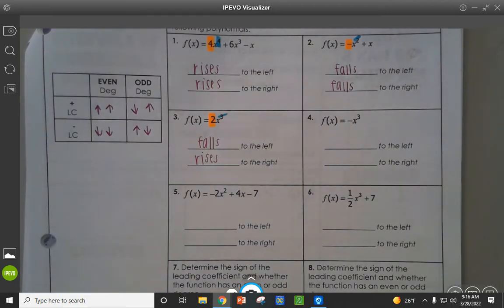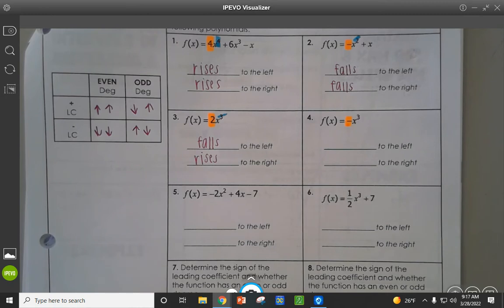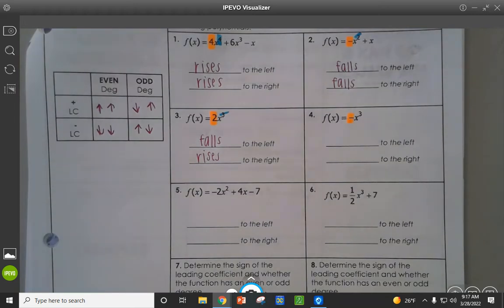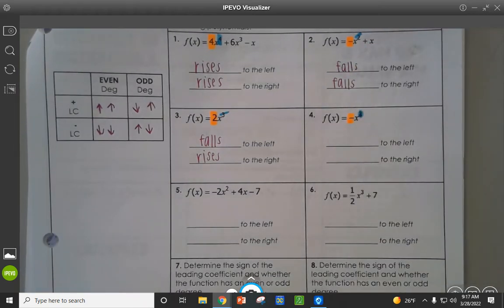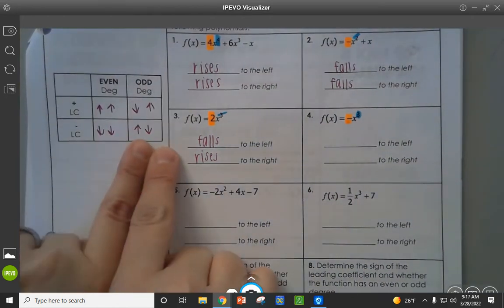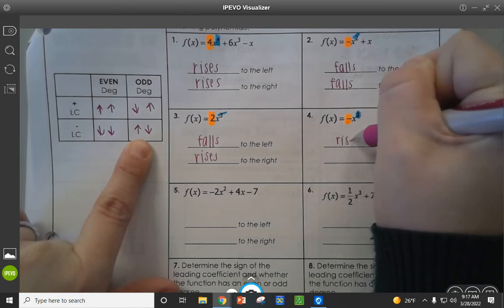Number 4, my leading coefficient is what? -1. So negative. It's going to be one of those two. And then my degree. Is my degree even or odd? Odd. It's 3, which is an odd number. So negative, odd. I'm going to rise.